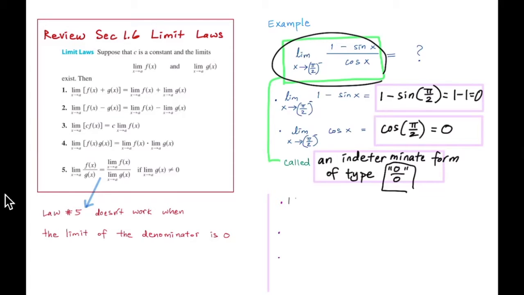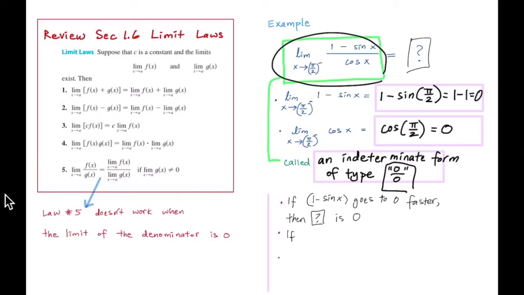If the function at the top, 1 minus sine of x, goes to 0 faster than the function at the bottom, then this question mark would be 0.